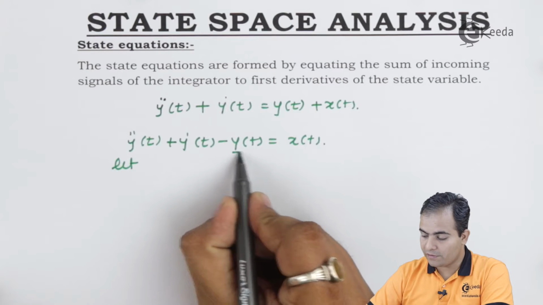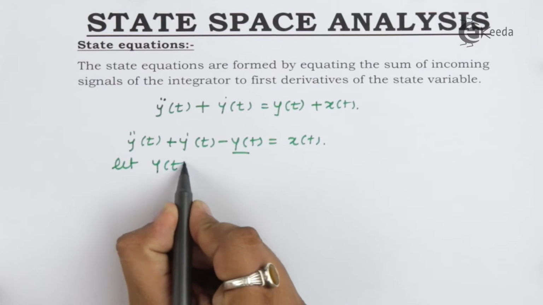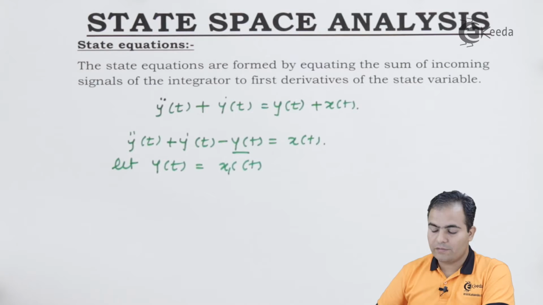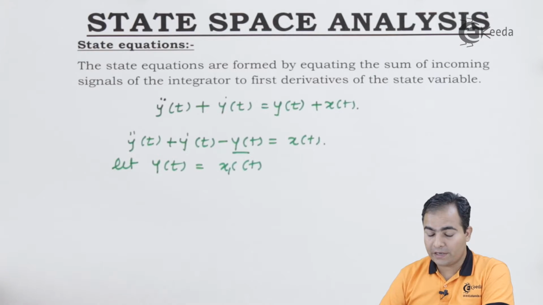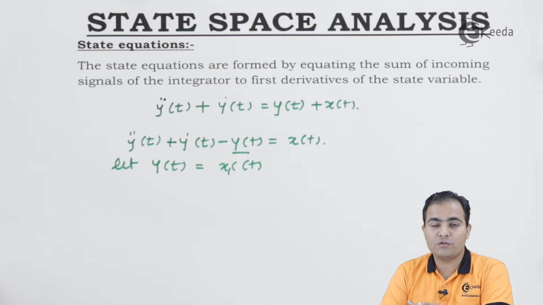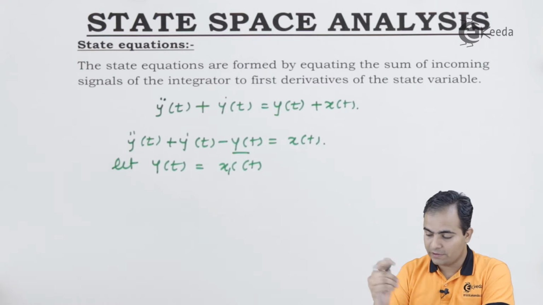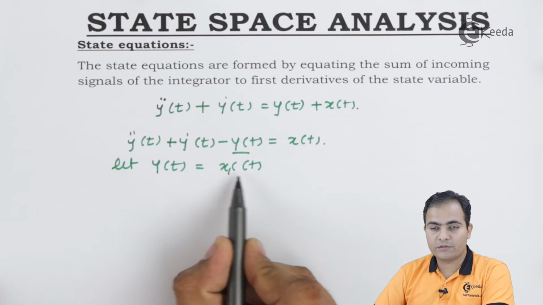So first of all, we will start from the basic one, that is y of t is equal to x1 of t. But remember one thing, we will always differentiate our state variable at most up to 1. Then when the differentiation value reaches 1, we will substitute it by the second state variable. So here we have y of t equals x1 of t.